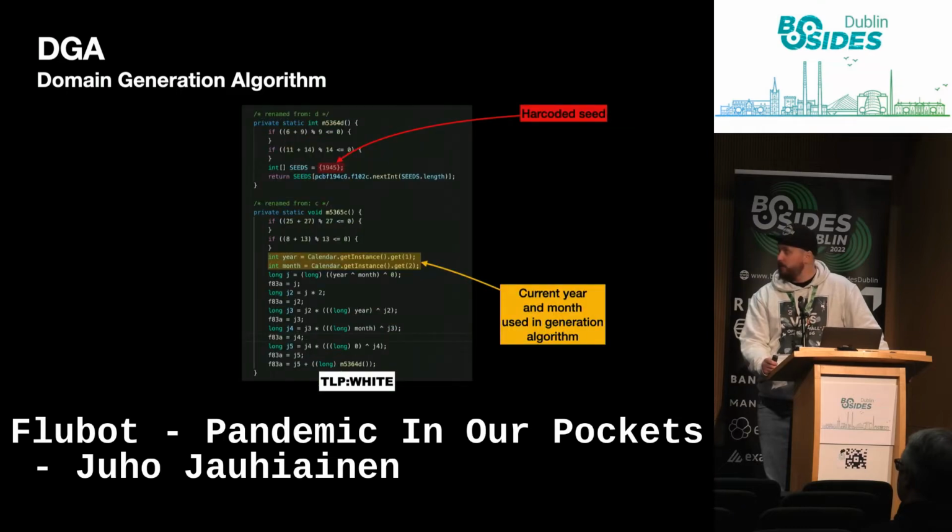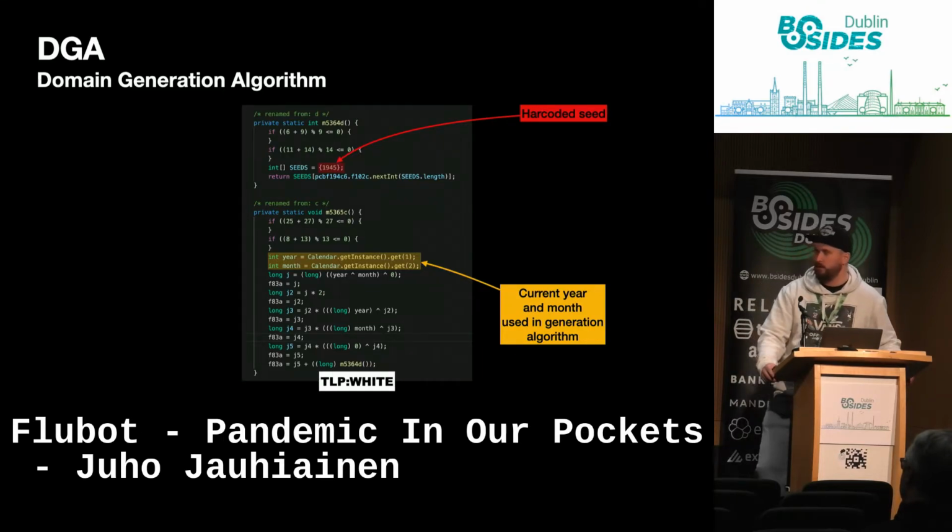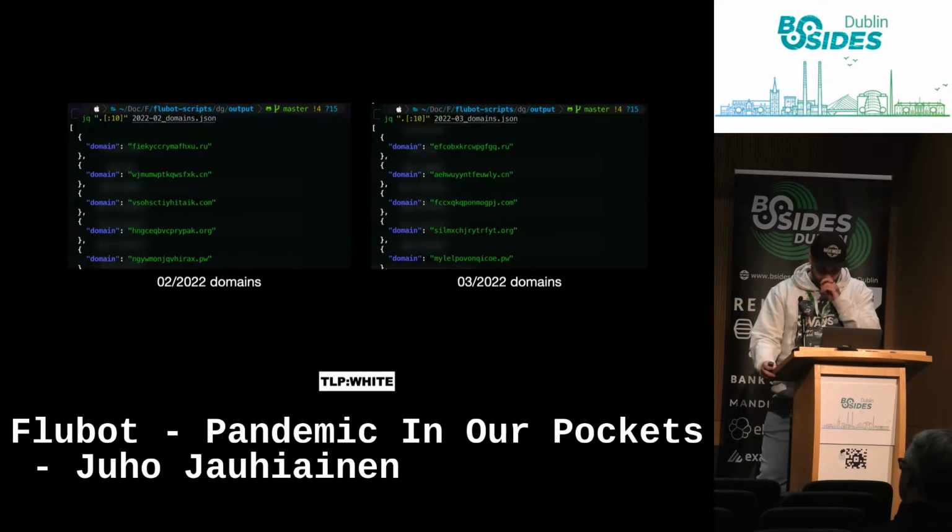For the actual seed, which is used for the random in Java, it uses a hard-coded seed. It's 1945, and it also uses the current month and current year in the generation algorithm. So every month you have to regenerate the list of Flubot C2s if you are willing to track those, and as you can guess, I am actually tracking those.